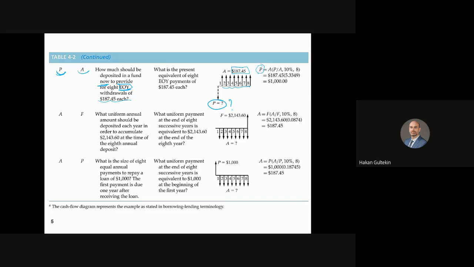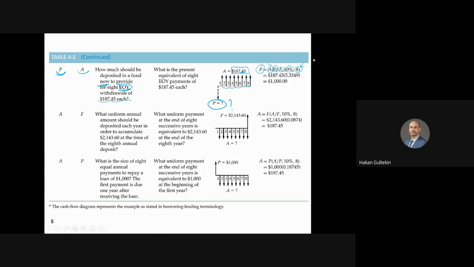We want to find the present value given this annual amount of this much. So we will use P given A, 10% and 8. And again, look at the same table in your book. For 10% interest rate, go to the row for 8 periods.